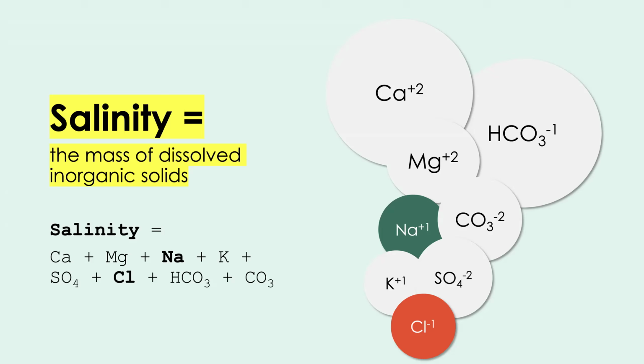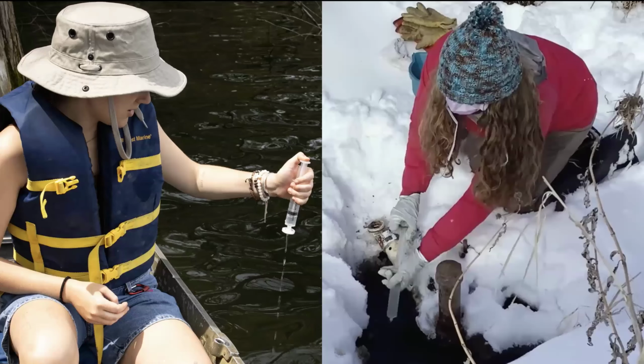Instead of measuring all these ions, we just measure the sodium and chloride, or just the chloride. Chloride's a really nice ion to measure because nothing's really happening with it in a lake. Nothing is taking it up or using it. It's just staying dissolved in the water. It's the reason that the ocean is so full of chloride: nothing is using it, so it just stays dissolved in the ocean.